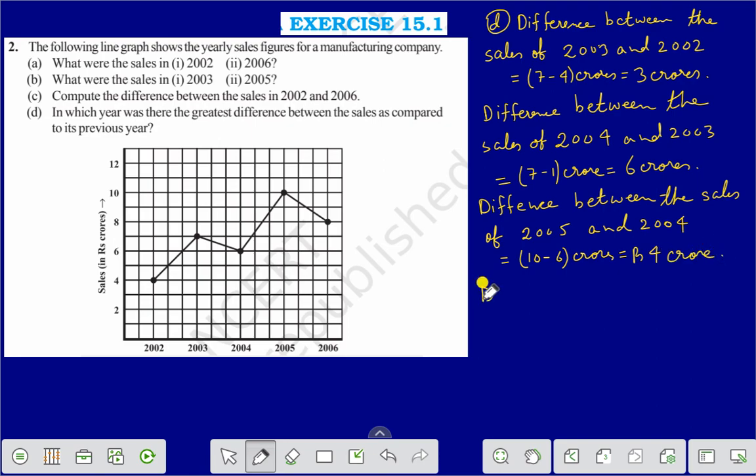The difference between the sales of 2006 and 2005.